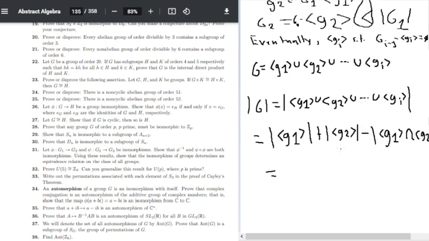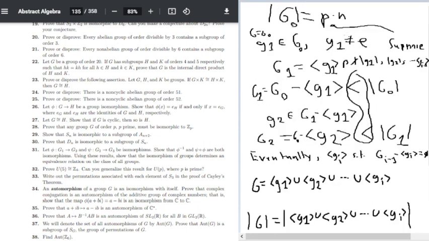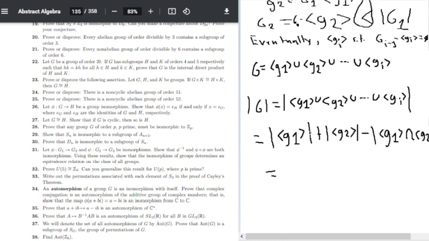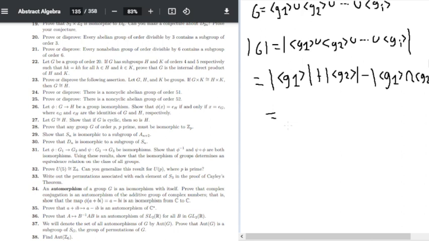Now since each of these were assumed to not divide P, because these are subgroups, they need to divide N. Wait, no, the order of the subgroup will divide the order of the group. So we have this set of things which all divide, because the intersections are subgroups too. So they'll all divide it minus the Gi.